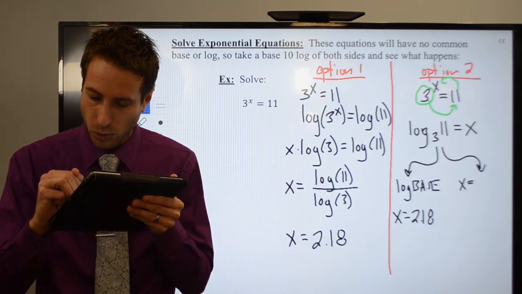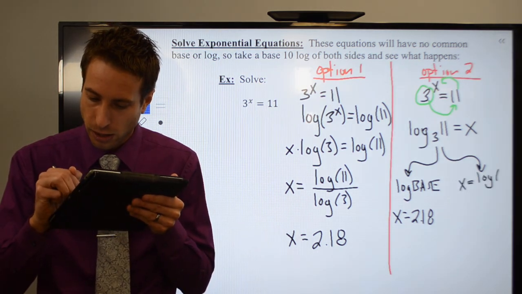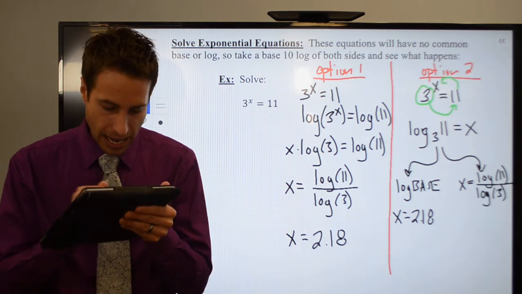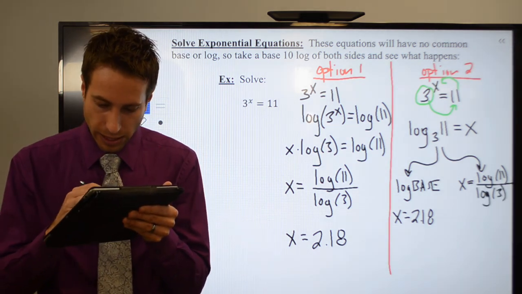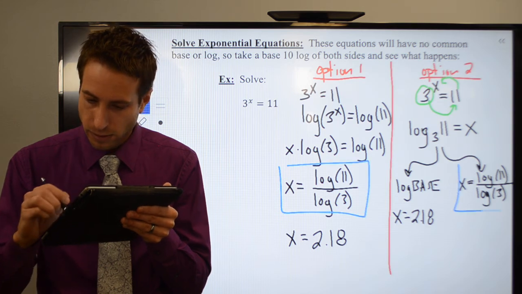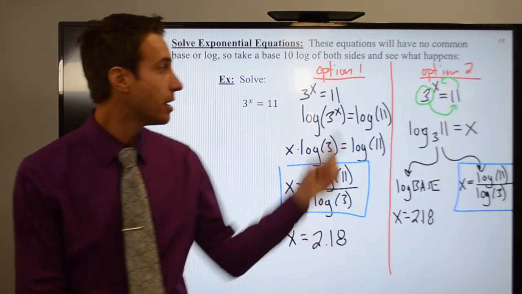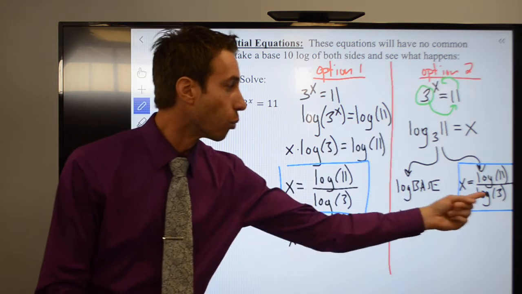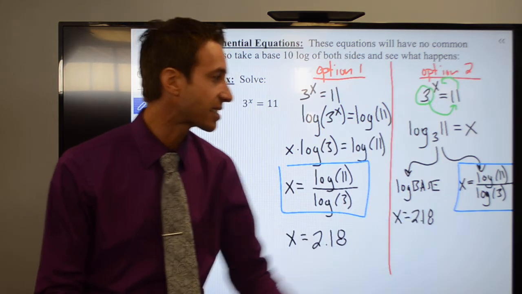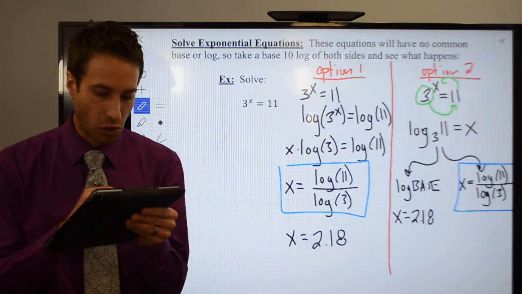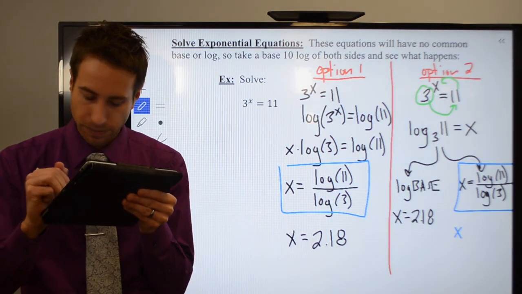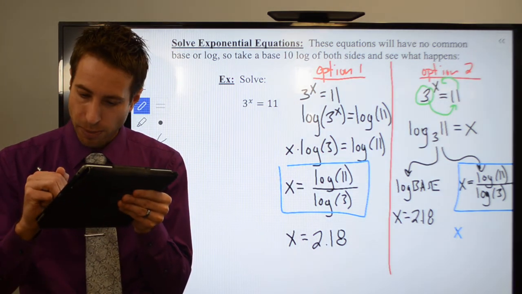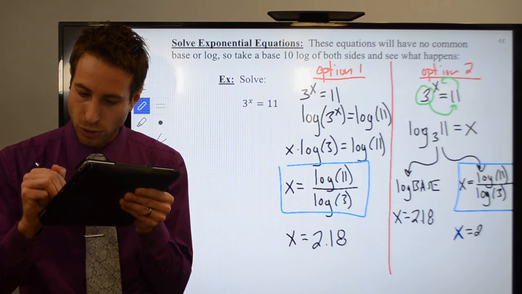So x is equal to log 11 divided by log of 3, and looky there. Either method, just going straight common logarithm or using the snail method, you wind up with the exact same thing. Holy cow, I love it when math makes sense. And again, what you wind up with is x equals 2.18.